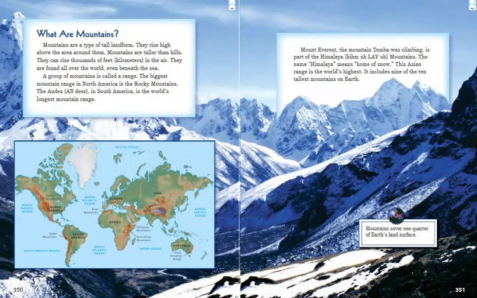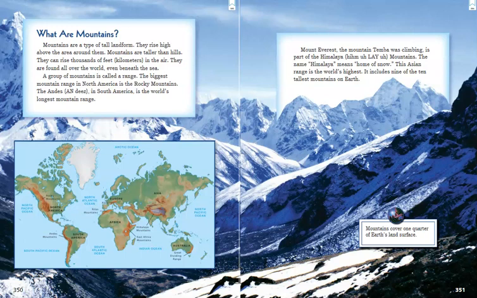What are mountains? Oh, there's another heading for us. So this tells us we're going to be learning about mountains. Mountains are a type of tall landform. They rise high above the sea around them. Mountains are taller than hills. They can rise thousands of feet or kilometers in the air.